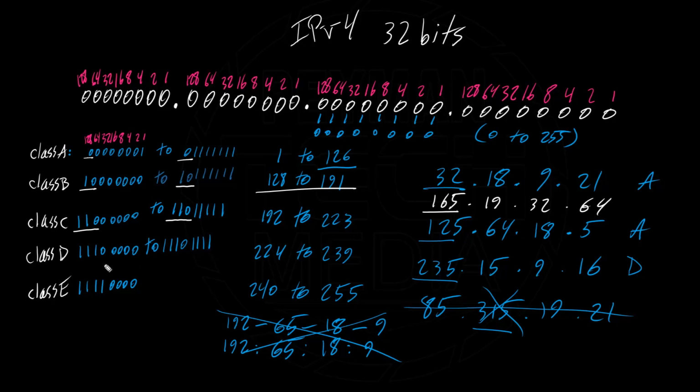So again, when a router receives a packet, looking at the IP header, if the first 4 bits are 1, 1, 1, 0, it knows that this is class D, because in class D, the range always has the first 4 bits 1, 1, 1, 0. And the same applies for class E. The first 4 bits are always turned on.